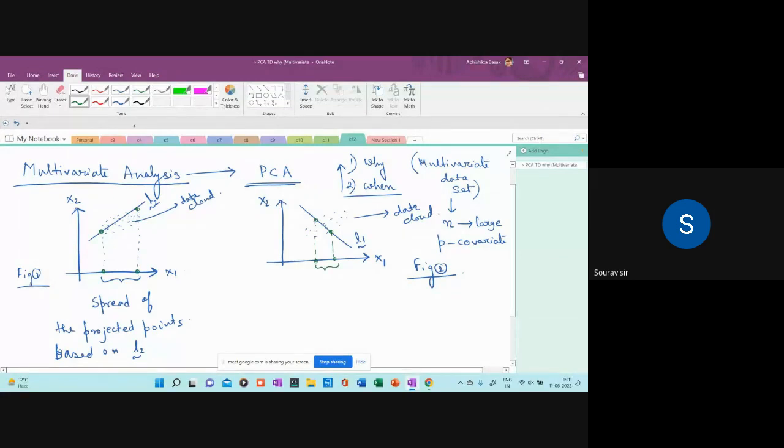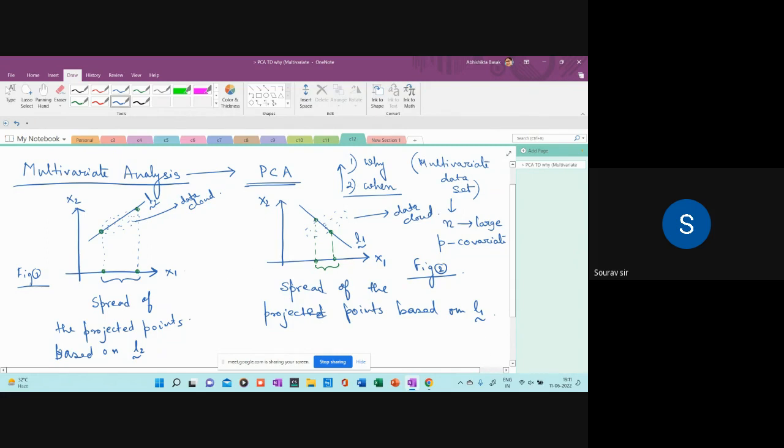So this is nothing but the spread of the projected points based on L1 curl. So as you can see, whenever I am changing the projection, like L1 curl and L2 curl, these two vectors, the spread is actually changing.